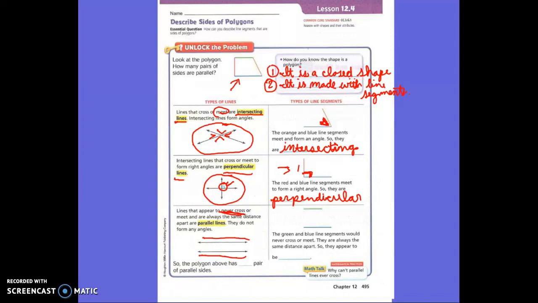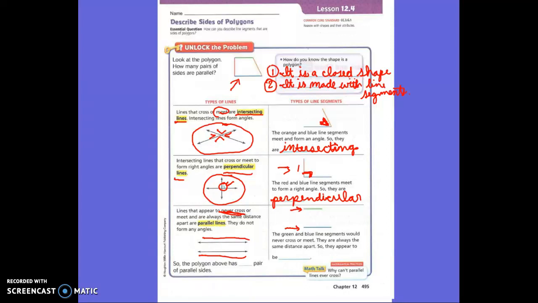What if they bounce off? What if they turn? They won't. That's the point. They're not turning. They won't cross. So the polygon above, well, first let's look over here. This green line and this blue line are two line segments that would never cross or meet.